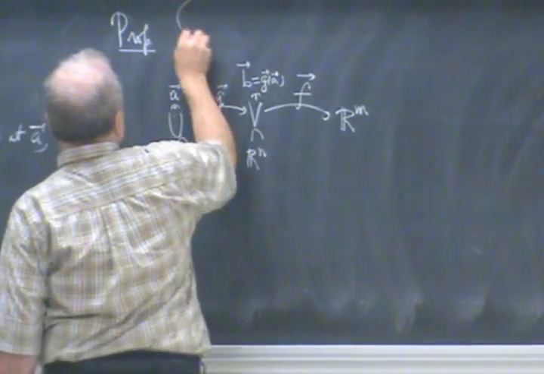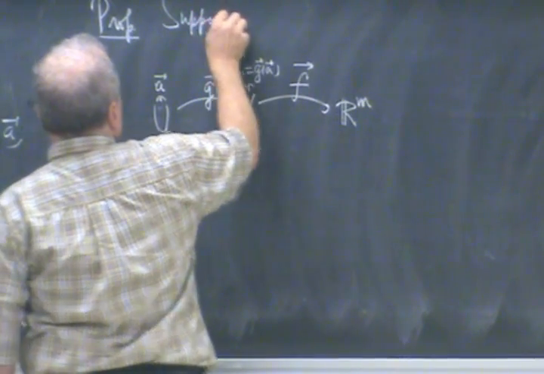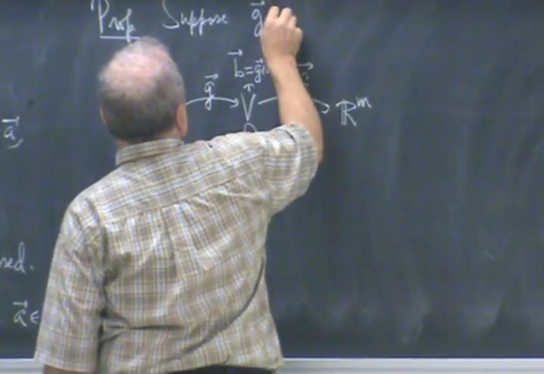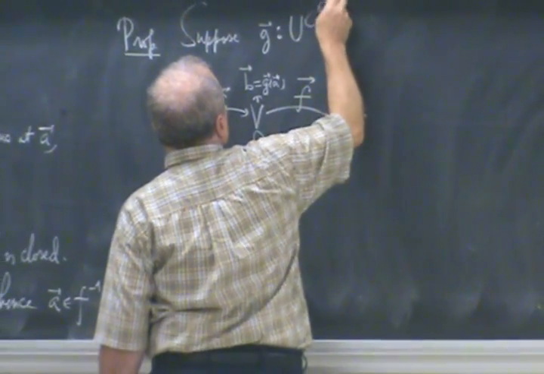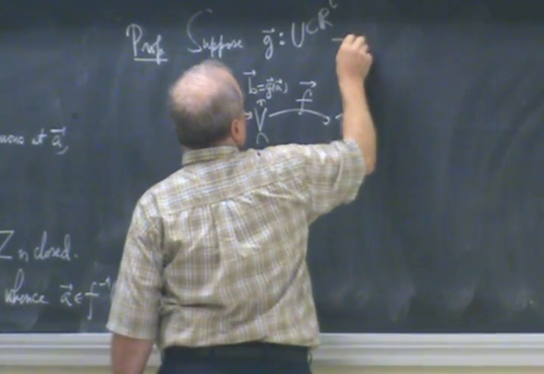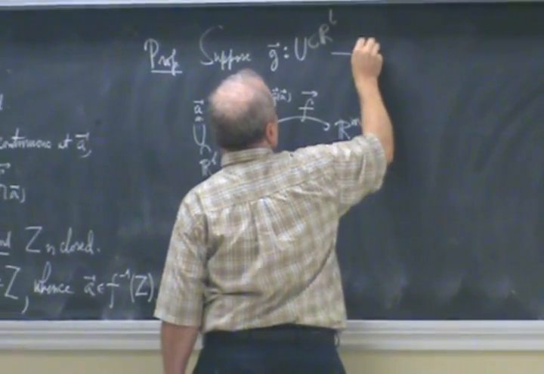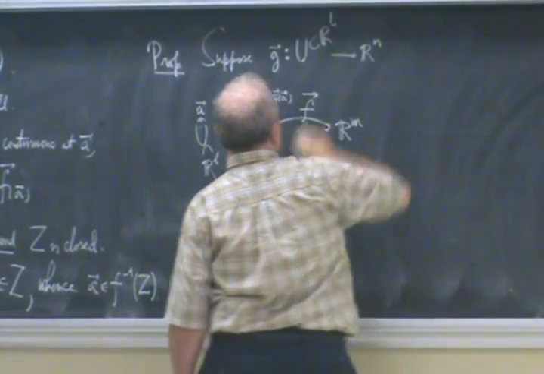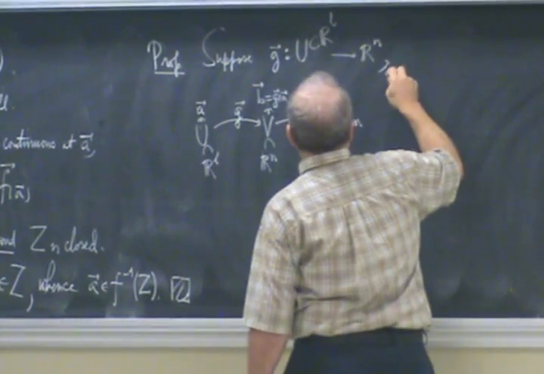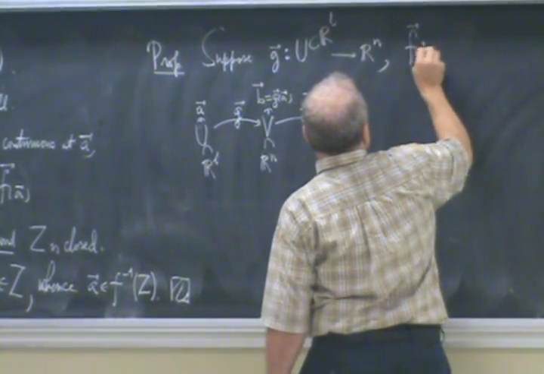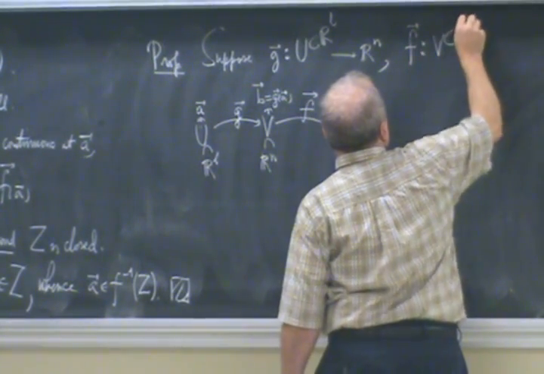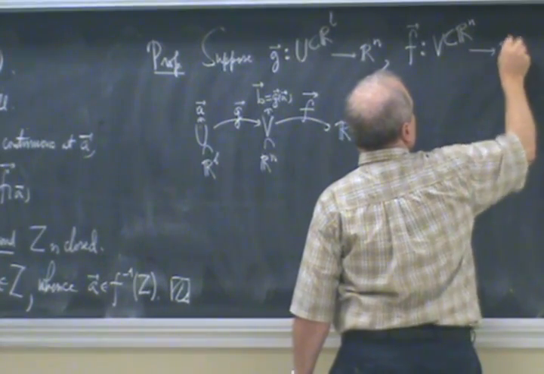So I'm going to write this all down officially. So suppose G maps U in R^l into R^n. F maps this open set in R^n to R^m.